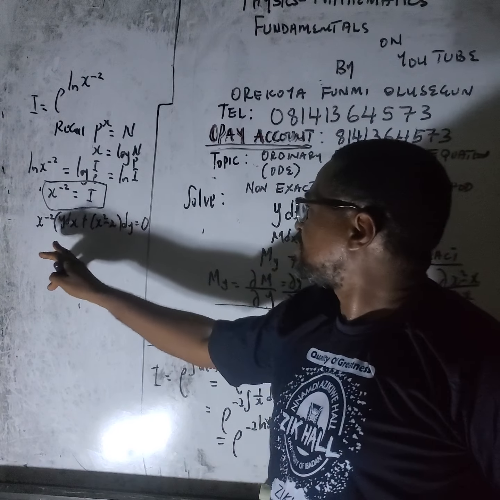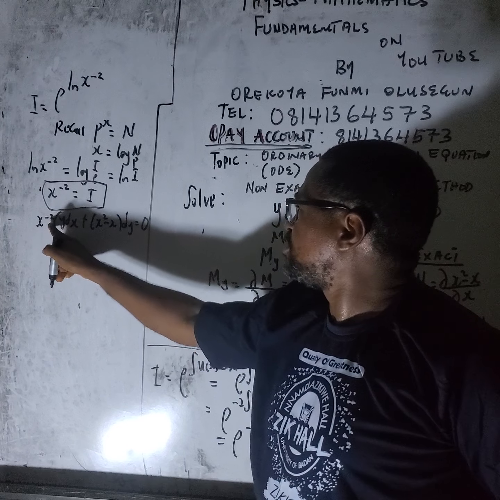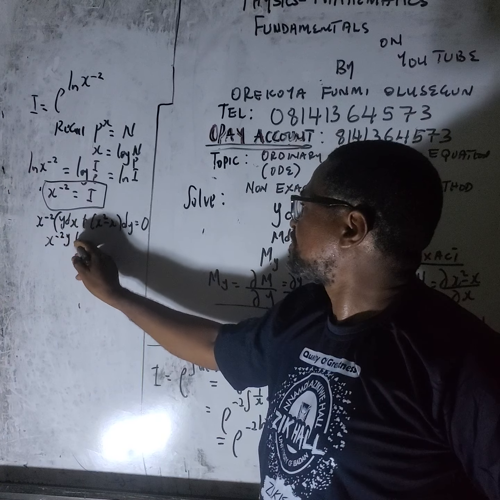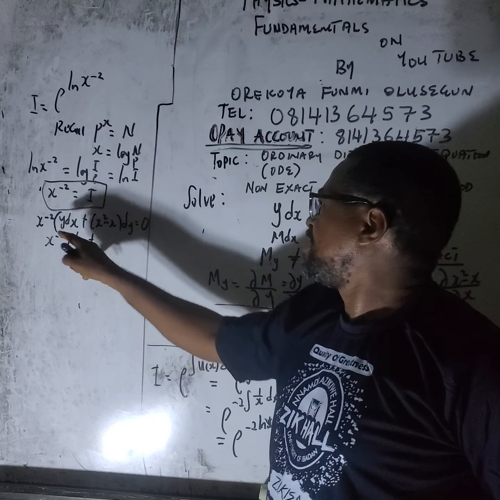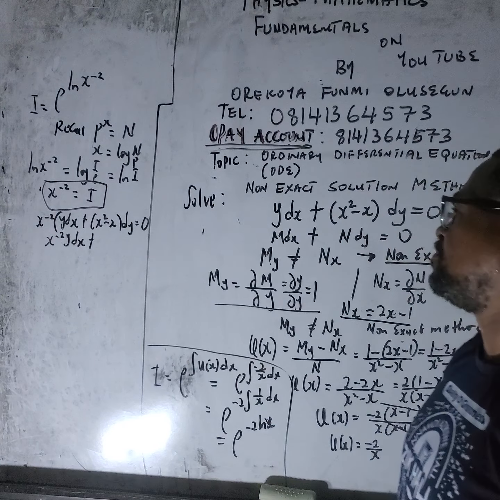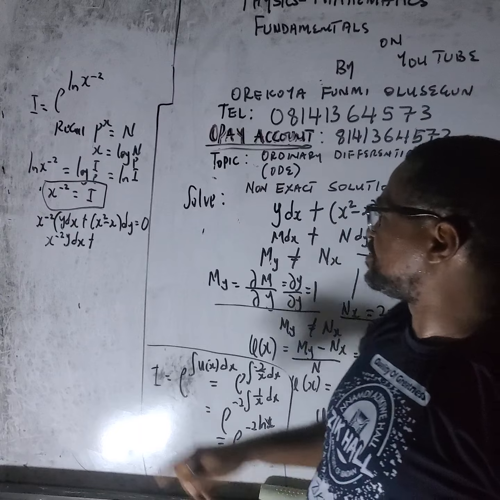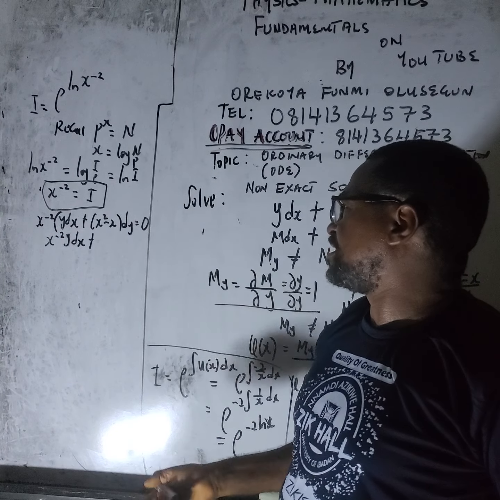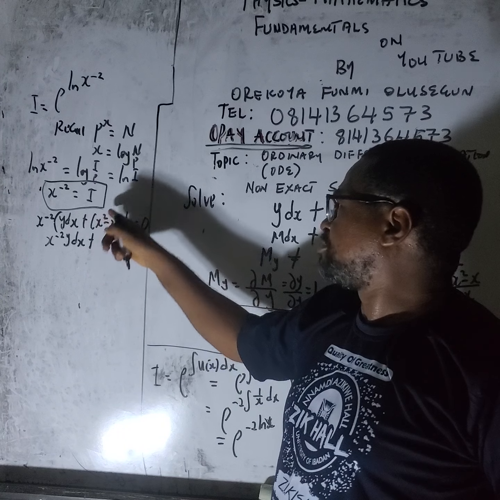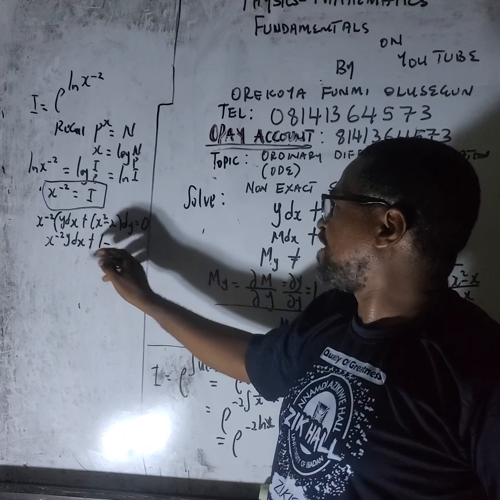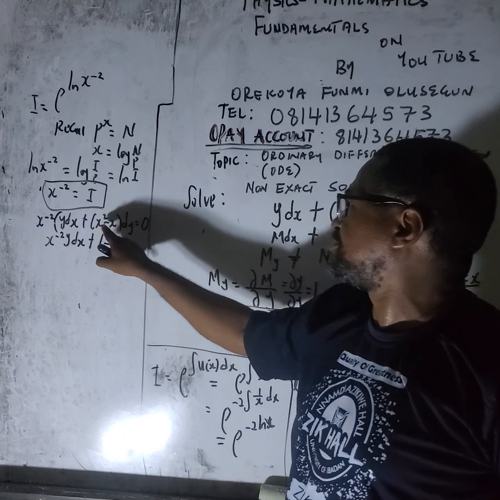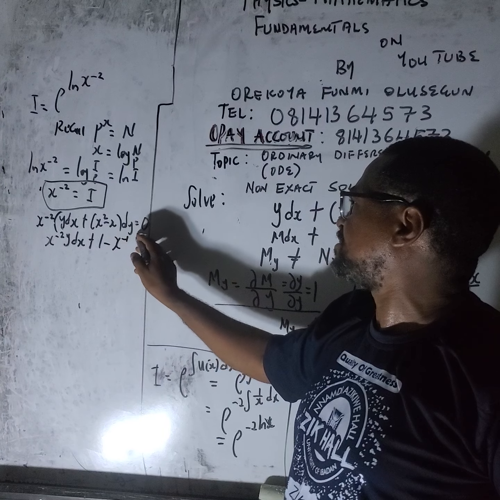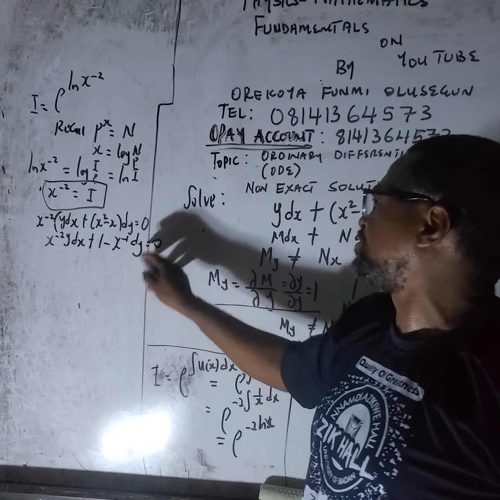So if you use this to multiply this, you have x raised to power -2 y dx plus, from the law of indices, x raised to power -2 times x raised to power 2 will give us x raised to power 0, which is 1, minus, from law of indices, x raised to power -2 times x will give us x raised to power -1, then dy is equal to 0.